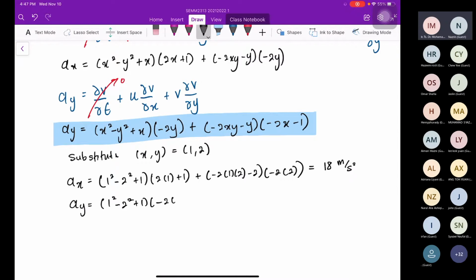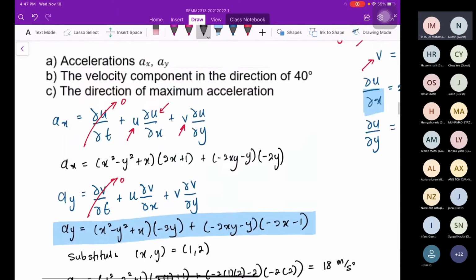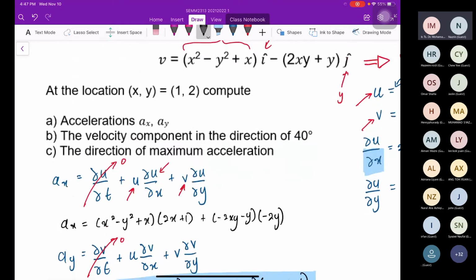Negative 2 multiply with 2 plus negative 2 multiply with 1 multiply with 2 minus 2. Negative 2 multiply with 1 minus 1. You calculate, you will get 26 meter per second square. Alright. Simple. Now you have solved question A.